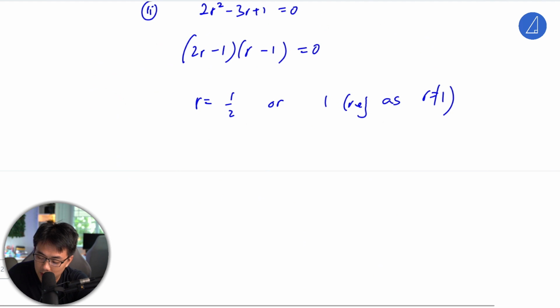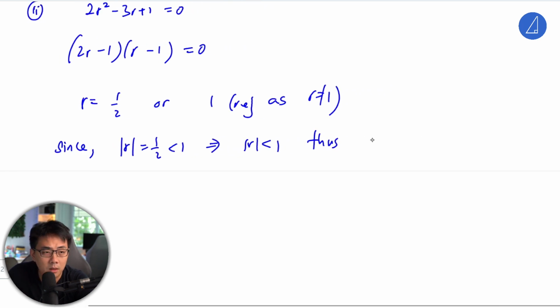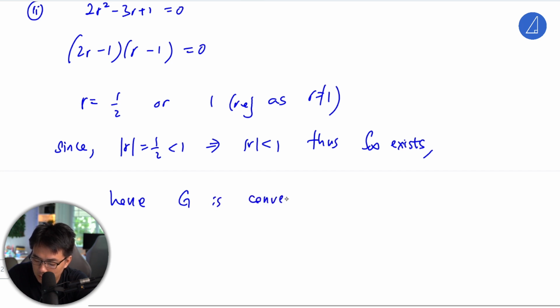So since mod R is less than 1, thus sum to infinity exists, and hence G is convergent. Okay, it just shows that it's convergent, that's all.